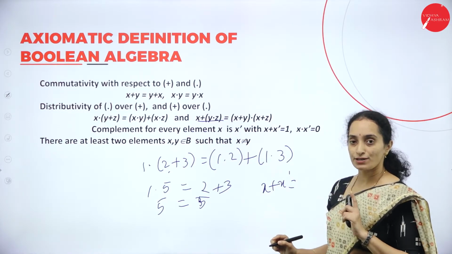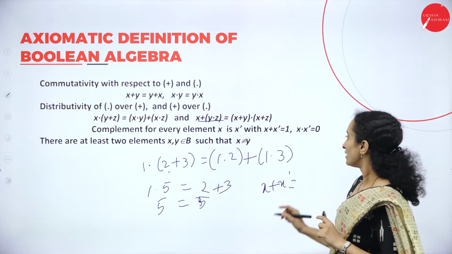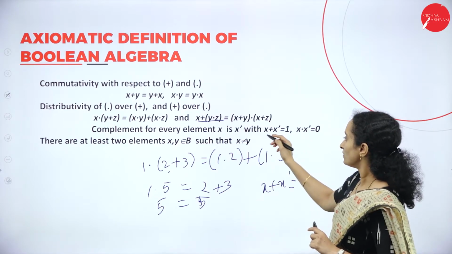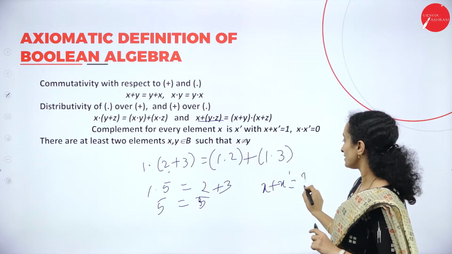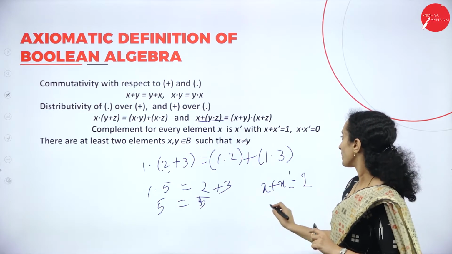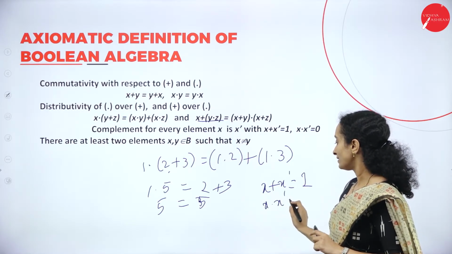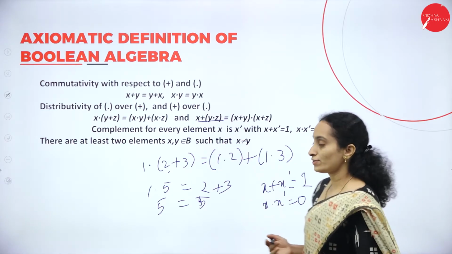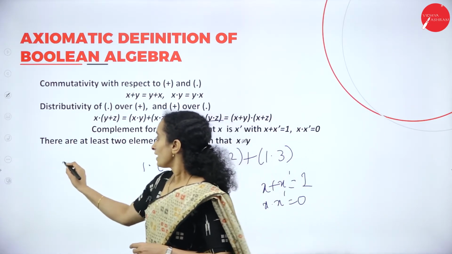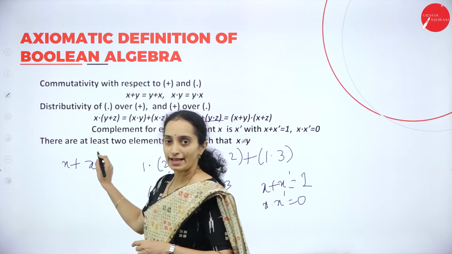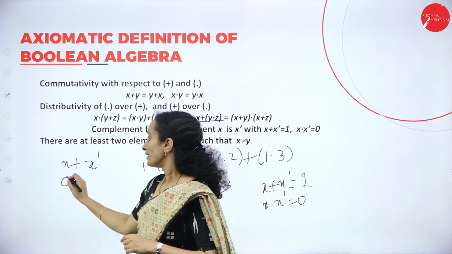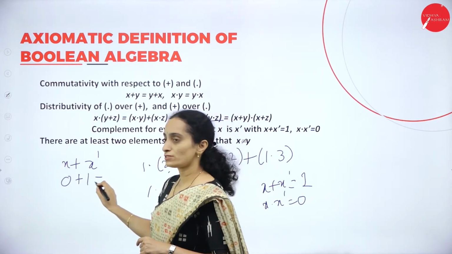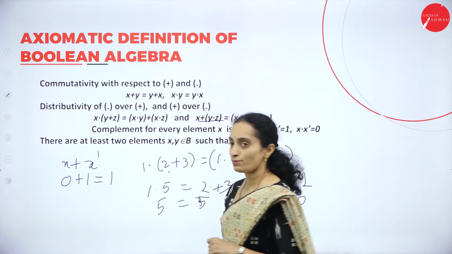The identity element of plus is 0, where you will get x plus x dash equals 1, then x into x dash equals 0. When you check with the binary values, if x is 0, x dash will be 1, so this will give 0 plus 1 equals 1.